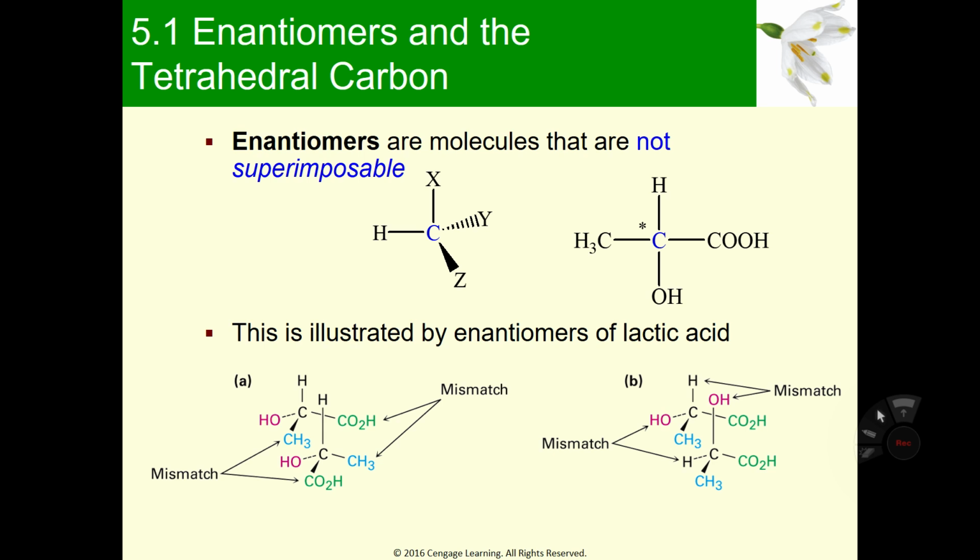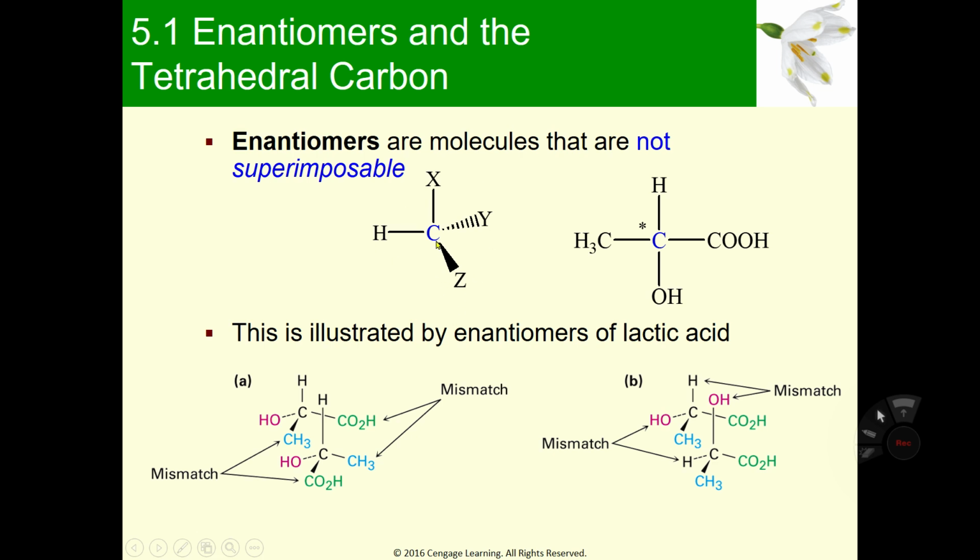Now we are going to start using more specific terms about the stereochemistry, and we'll introduce the concept of enantiomer. We already talked about the mirror image, right? Now let's focus on the carbon compound where you have four substituents around the carbon, but all four substituents are different from each other.